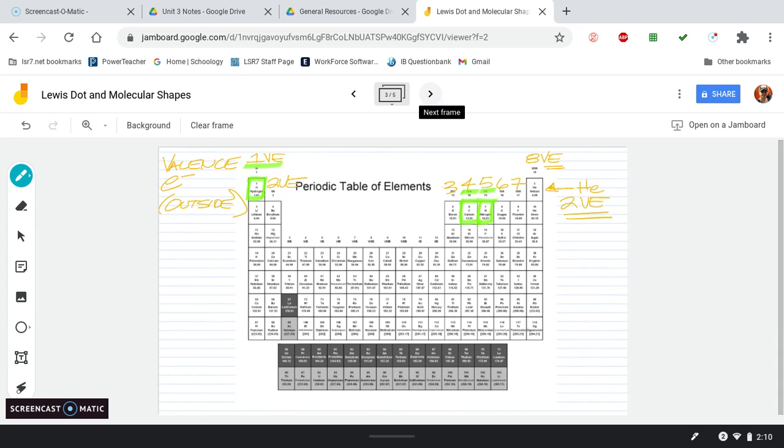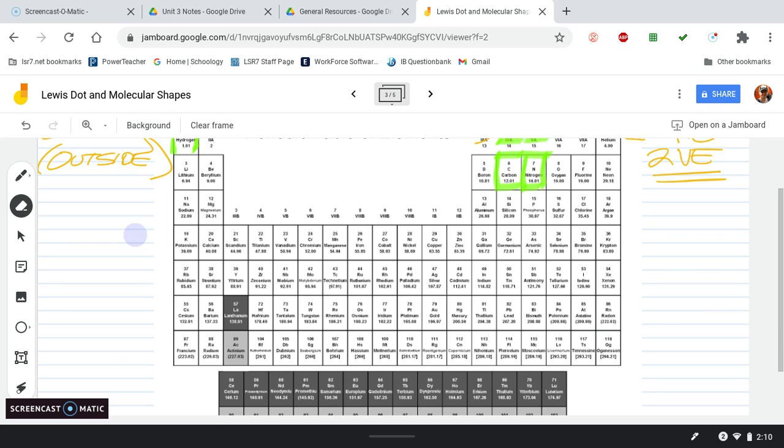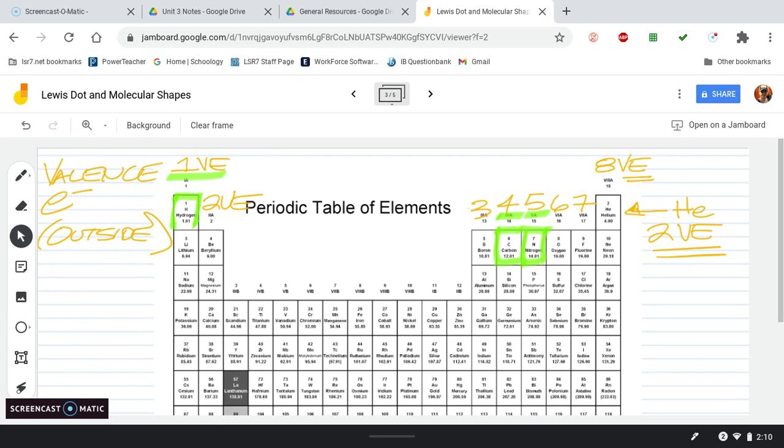And so here we go. Let's go ahead and zoom in on that. And let's get rid of our stuff from last time. Okay, so let's put those back in there.